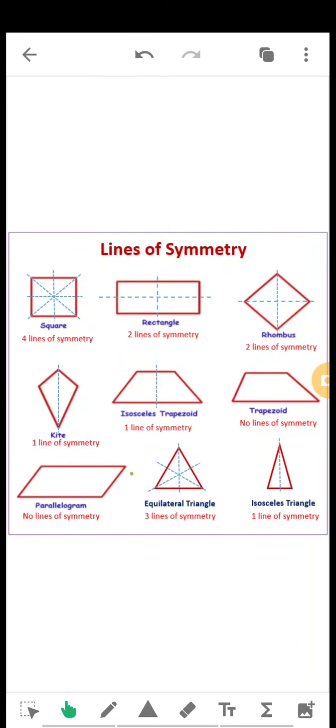Students, here you can find some shapes, and in those shapes you can find lines of symmetry. For example, in a square, 4 lines of symmetry, rectangle, 2 lines of symmetry, rhombus, 2 lines of symmetry and many more.